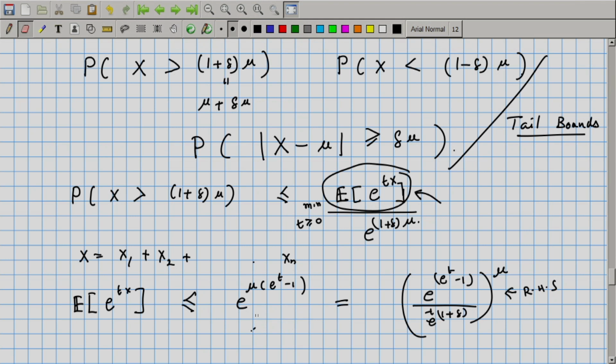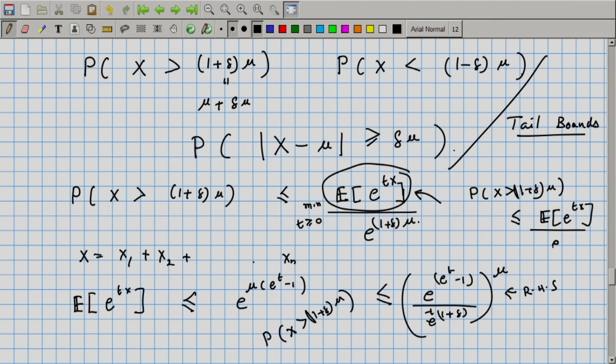The expectation is this quantity, and this is because the probability that x is greater than 1 plus delta times mu is less than the expectation of e raised to tx divided by e raised to t times 1 plus delta times mu. So, that is how the t comes in the denominator.